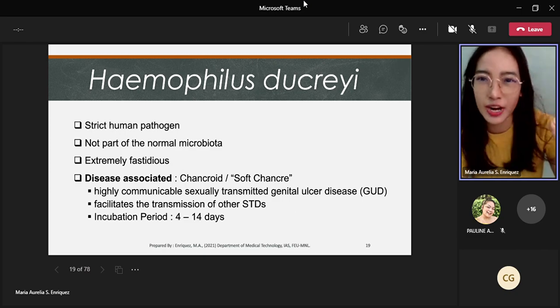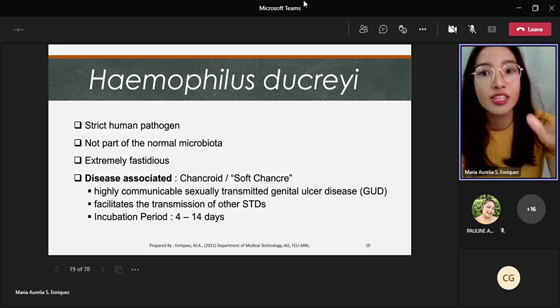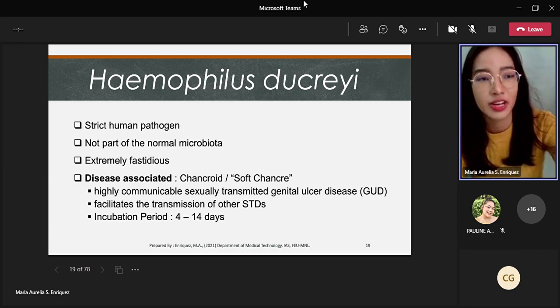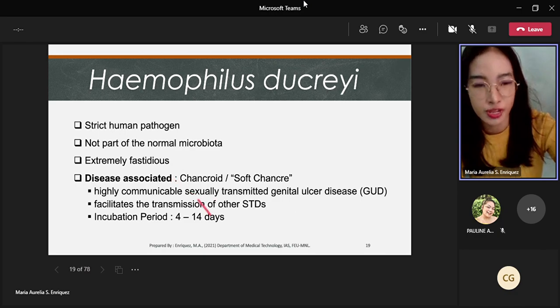Kasi po yung mga ulcerations that are being produced in the infected areas could then serve as a passage for all these sexually transmitted infections to enter the host. So parang nagiging daan po nila yung mga ulcerations that have been produced during the course of infection of Haemophilus ducreyi.